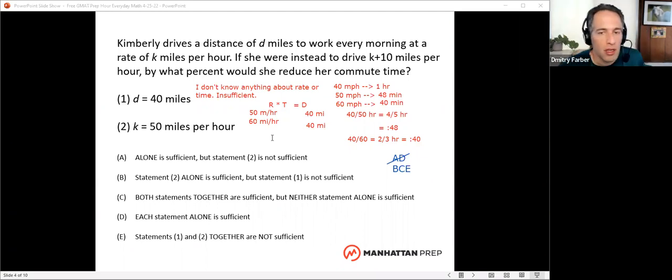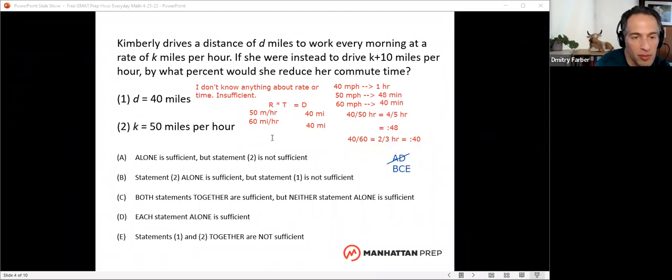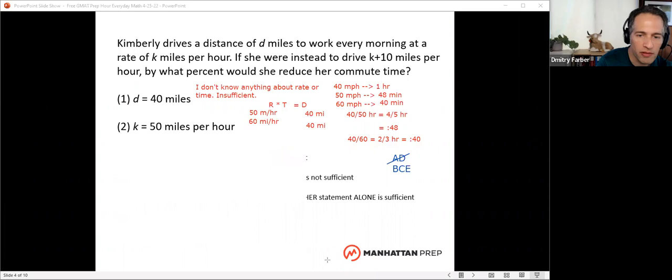So I'll test the cases that I need to, but I don't want to do that if I don't have to. So I could say, all right, well, I tried it with 50 miles an hour when she's going 40 miles because of statement 1, but what if she was going 80 miles or 100 miles or something like that? But I could use something else instead, which is the fraction setup of the change in her rate.